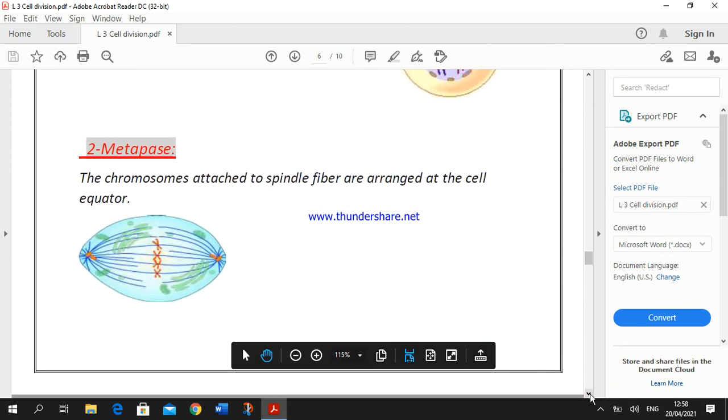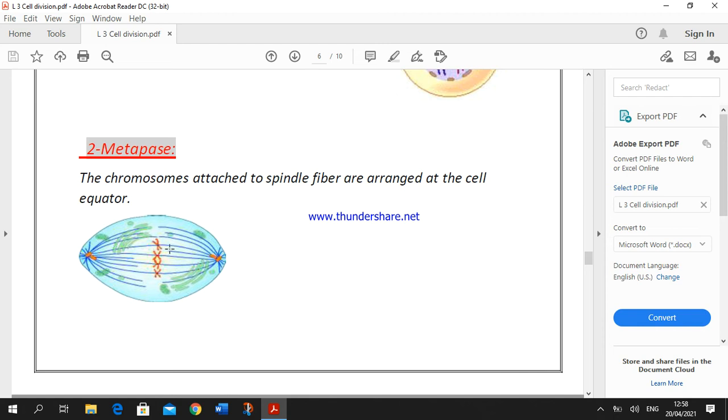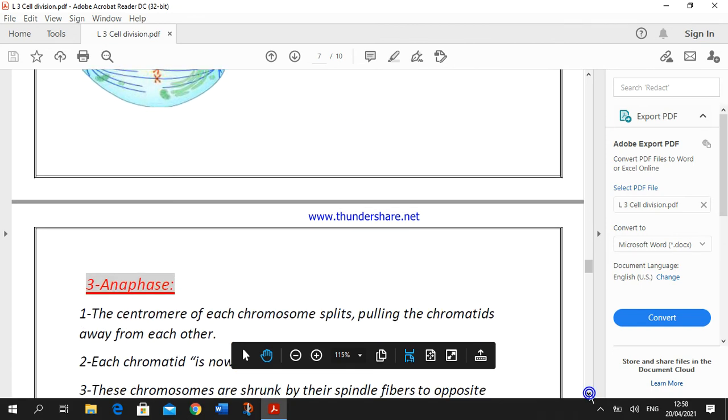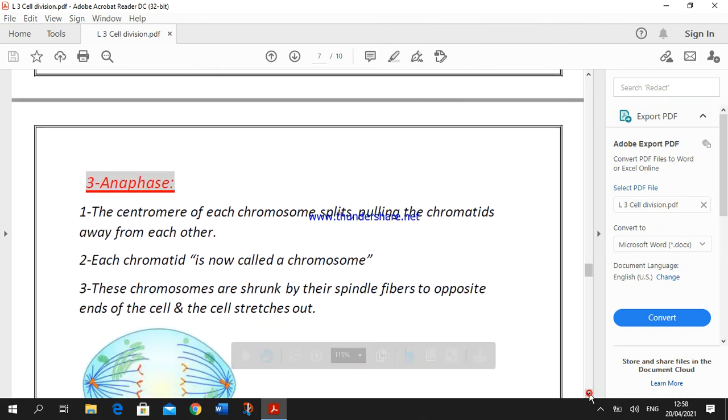Okay? After prophase, metaphase. In this phase, the chromosomes that are attached to the spindle fibers are arranged at the middle of the cell, or at the cell equator, as we see. Okay? After metaphase, the third phase is known as anaphase.